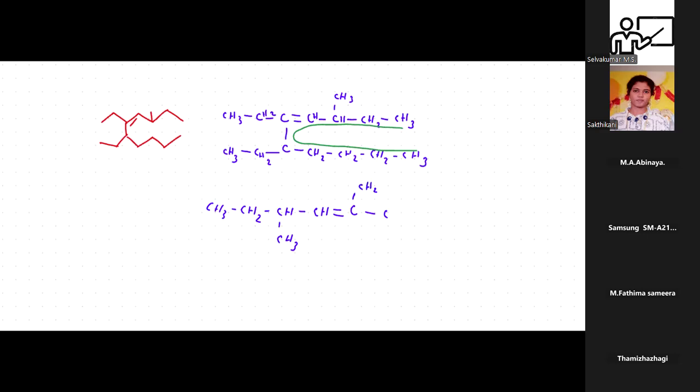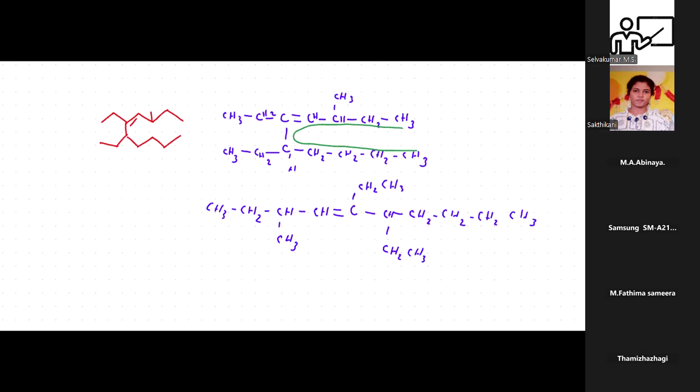So we are going here. In this C also an ethyl group is attached. Then here is one hydrogen. CH, CH2, CH2, CH2, CH3. So now this is the primary functional group.